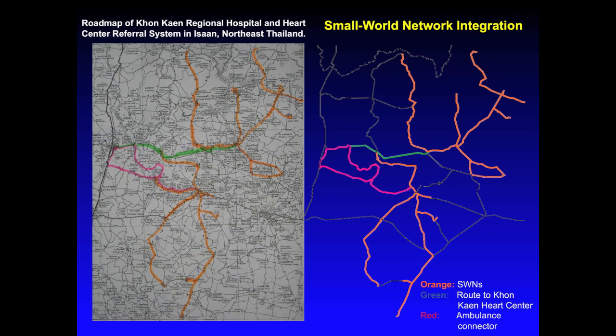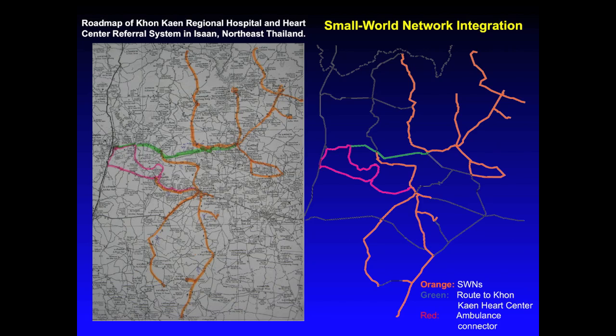Slide 56, the next one, shows you how we construct a point-of-care small world network. In fact, this is a region in Isarn, northeast Thailand, which borders the Mekong River and is a low-resource area.